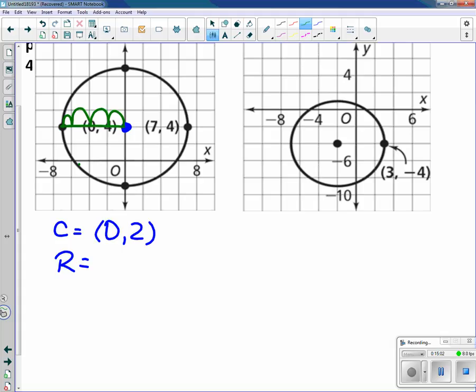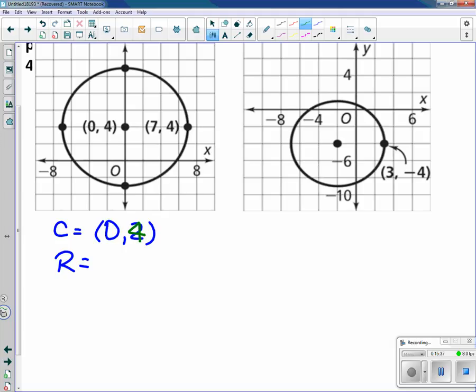Oh, wait. Is it going by twos? It is going by twos. Sorry. So the point is 0, 4. You won't always have it by twos. Does everybody see why? If it's going by twos, this becomes 2, 4, 6, 8.